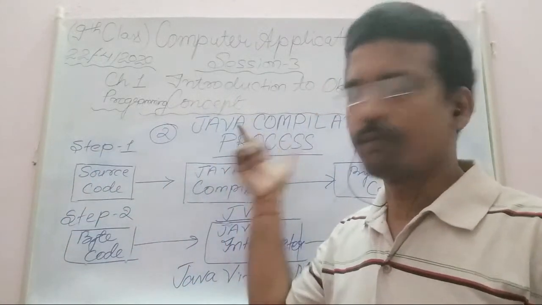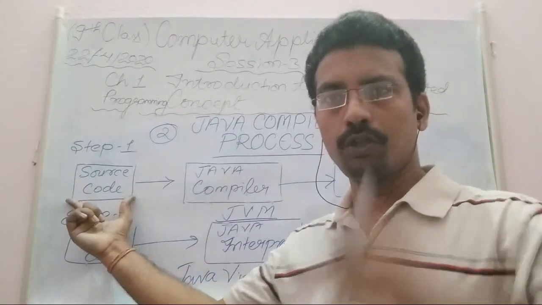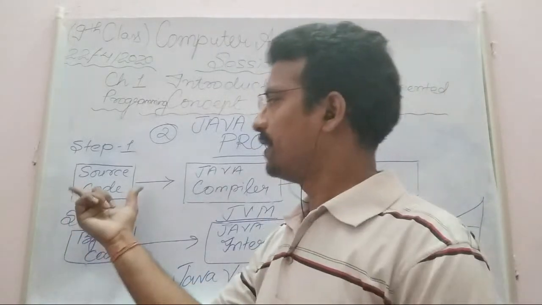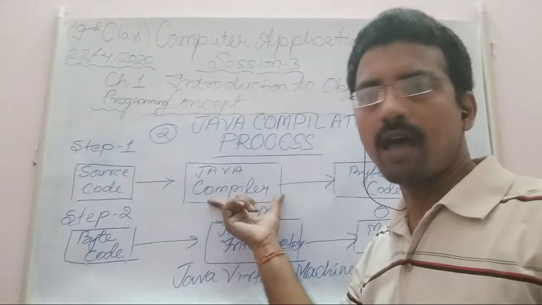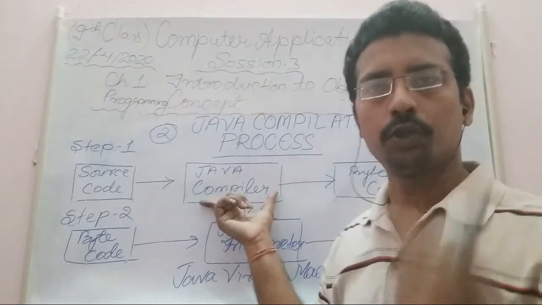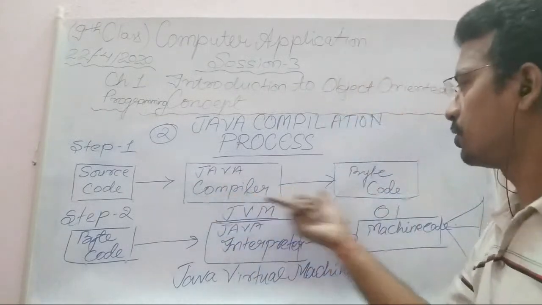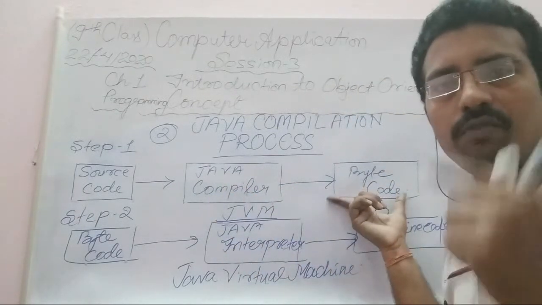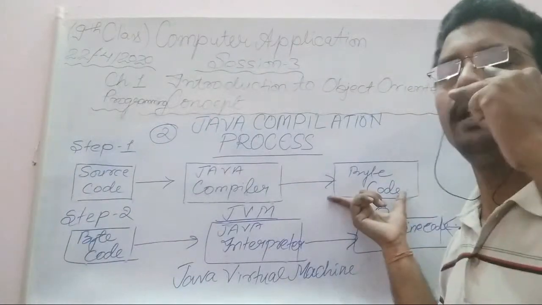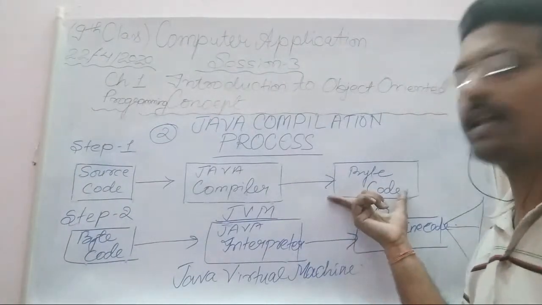Java compilation process. When the source code, the program we write, is given to the Java environment, the Java compiler takes this source code first, and after taking it, it converts it into an intermediate code, a special code, a machine independent code, which is called bytecode.